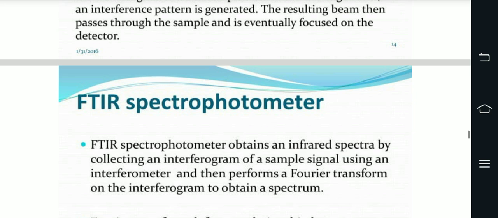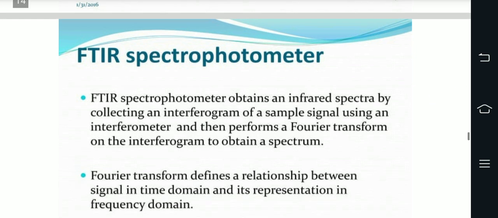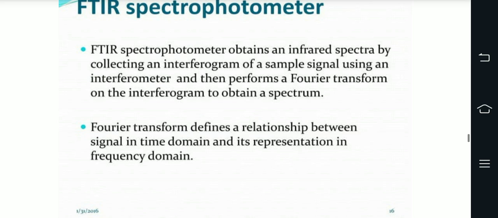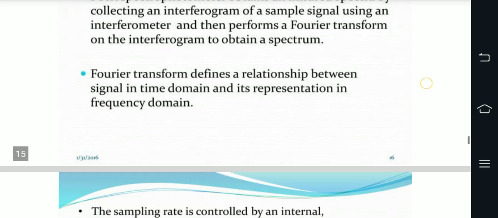Next one is the FTIR spectrophotometer. An FTIR spectrophotometer obtains an infrared spectrum by collecting an interferogram of a sample signal using an interferometer and then performs a Fourier transform on the interferogram to obtain a spectrum. Fourier transform defines a relationship between a signal in the time domain and its representation in the frequency domain.